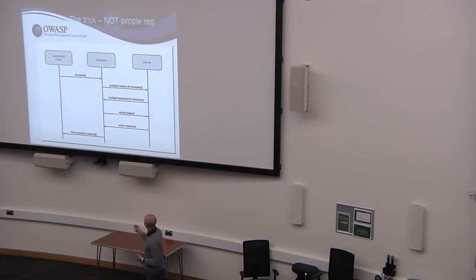And this is how it happens. How the browser asks the server is called the pre-flight request. So the browser will send a pre-flight request to the server, telling the server that I have this kind of request here, defining what kind of request that is, and then the server can decide whether such a request is allowed or not.